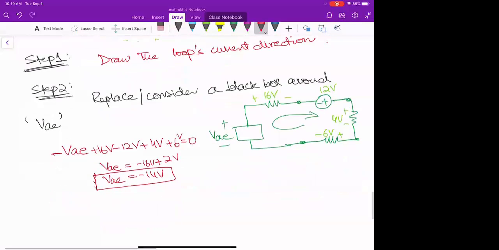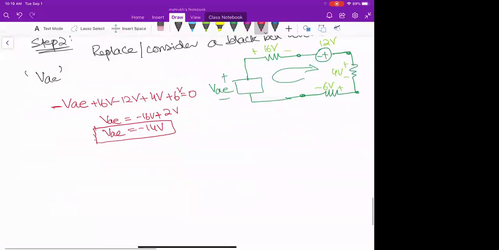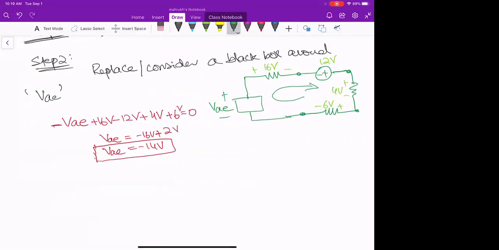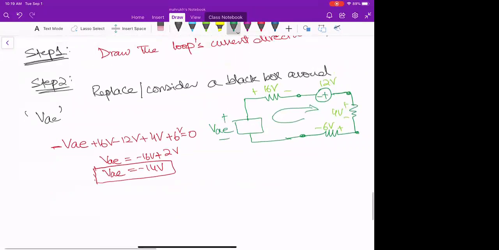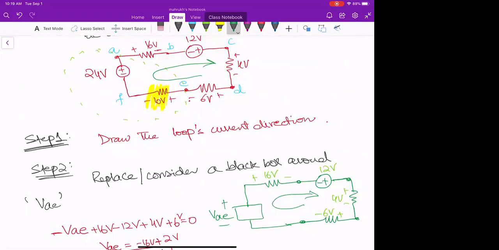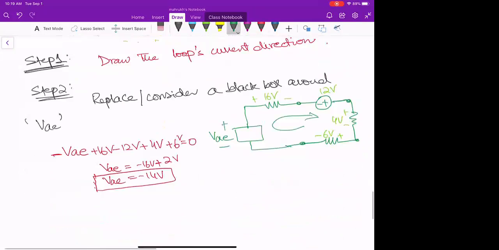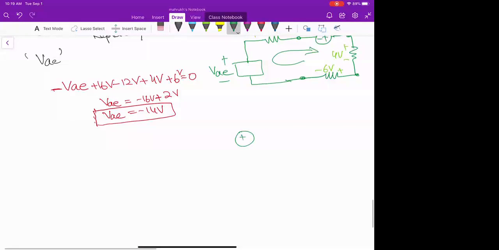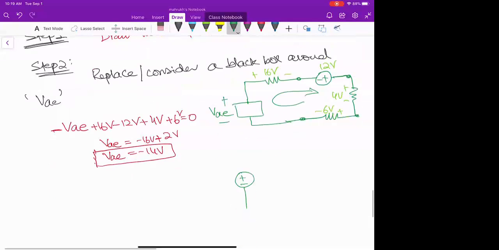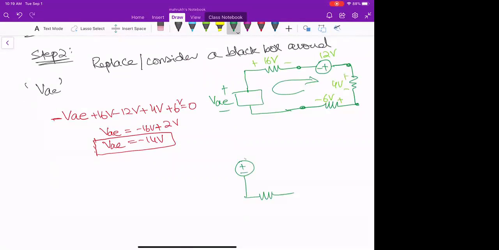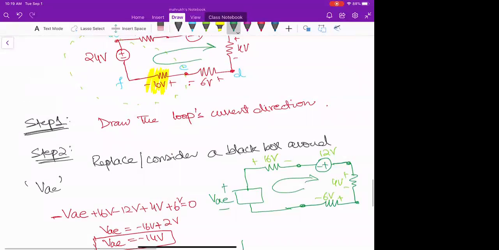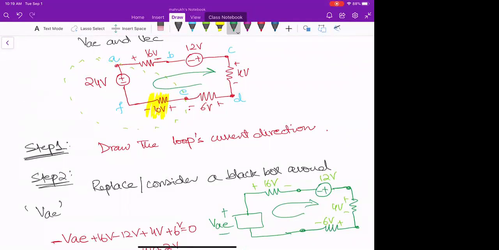Okay. Just to verify that, I can do another thing, okay? I can put the rest of the circuit in the black box and try to find the other part of the circuit, okay? Let's try to do that, just to verify what I'm doing is right or not. This is VAE, and the rest of the circuit is also, if I think about these two nodes, it's also VAE.